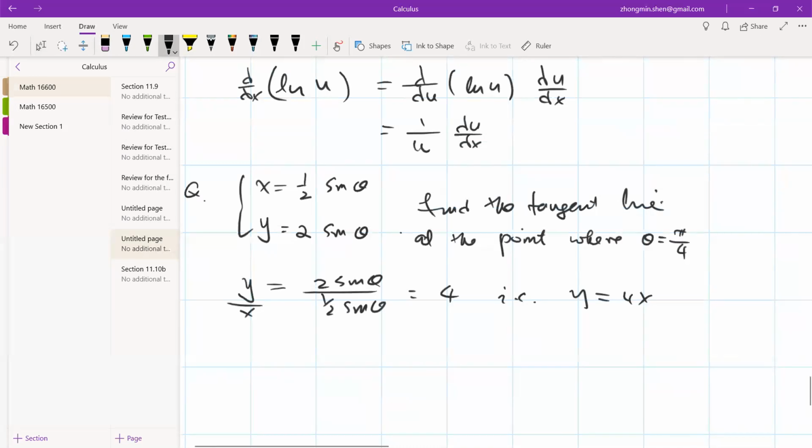I'm surprised nobody pointed it out. Of course, if it's a straight line, then all your computation should lead to slope equals 4. What's the tangent line to a straight line? It's the same itself. y equals 4x. Okay?